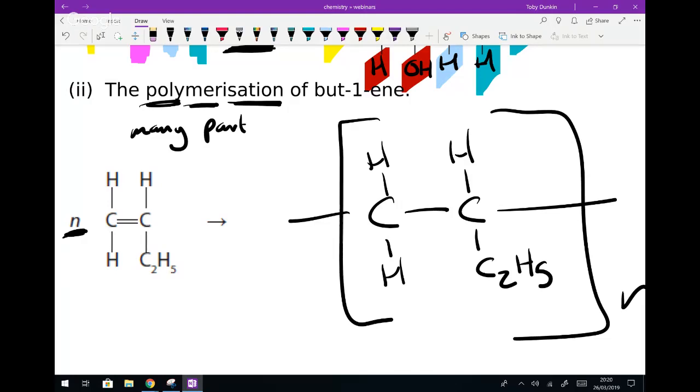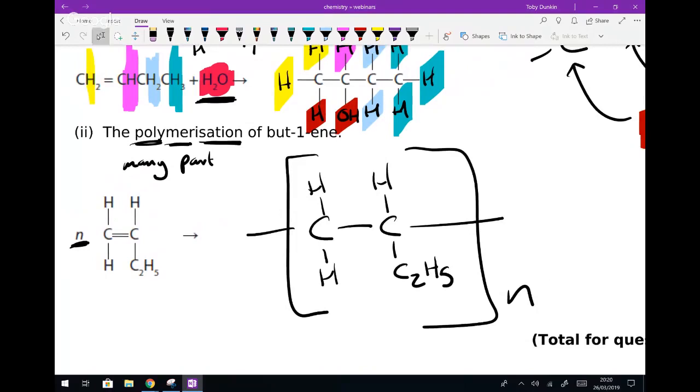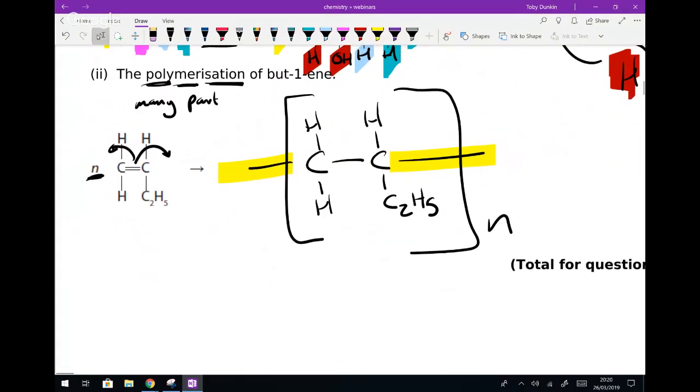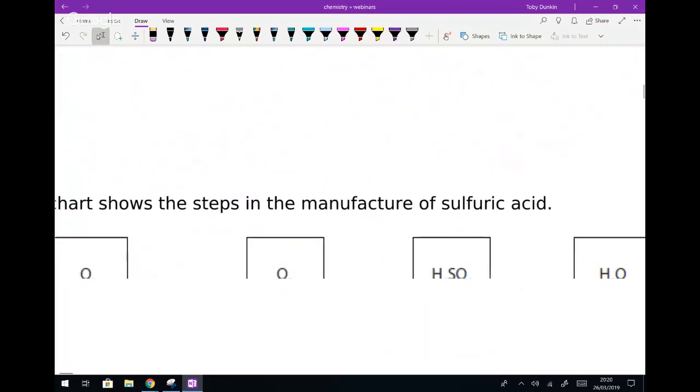We take n numbers of but-1-enes. The double bond snaps open on either side, and they join together into one giant chain. I just copy across the pieces that are attached to it and add brackets and n. It's rather nice for polymers.